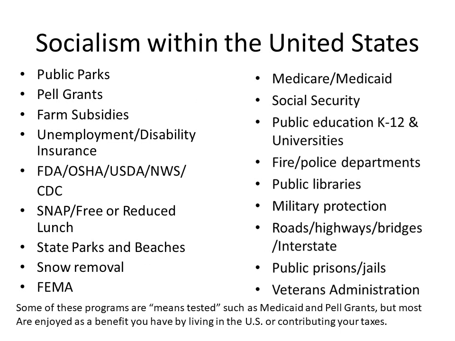So this always shocks people when I say that, we have socialism within the United States. And I don't really understand why people don't get this. Let's look at socialism within the United States. Now, some of these programs are means tested, which means that we determine whether you are eligible.